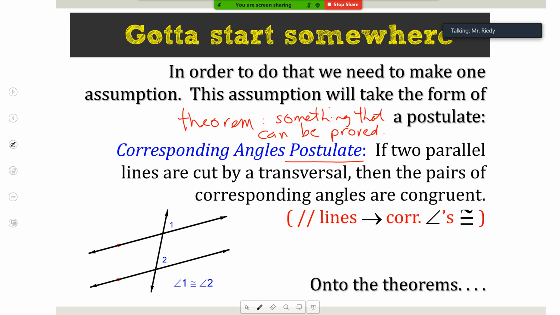Okay, questions before I move on, because this is kind of important. We're good? Make sense? Okay. Everything else, all the other relationships that we saw in that last picture or last slide, can now be proved using this corresponding angle postulate.